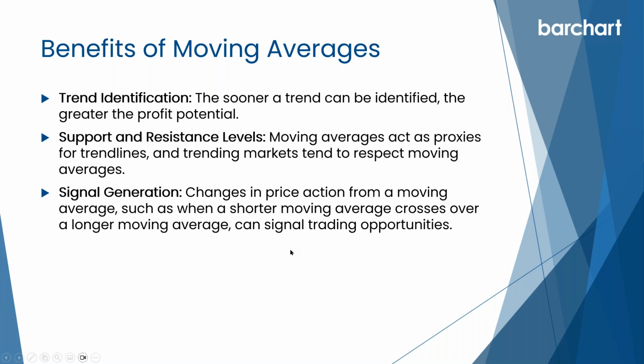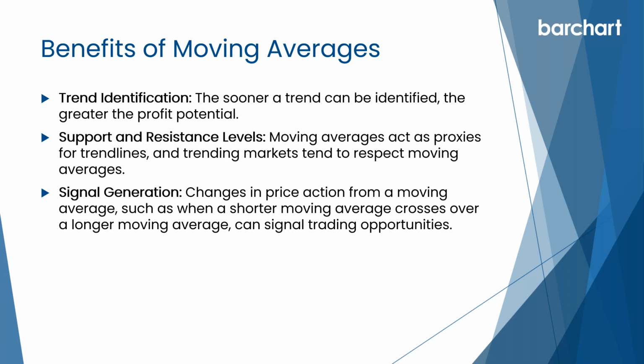Signal generating. One of the simplest trend following systems is a moving average crossover. You do this when you compare a fast moving average of a shorter period to a base or longer period moving average. Now the longer period moving average is typically a time frame that is in concert with the length of time a trader believes the trend's duration will be.